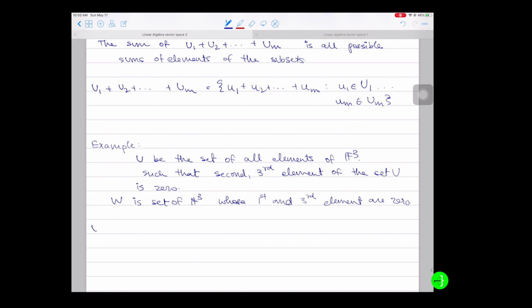then we can write U as (x, 0, 0) such that x belongs to F, and this whole thing belongs to F3. And also we have this W such that we have (0, y, 0) for y belonging to F, and this is also a part of F3.